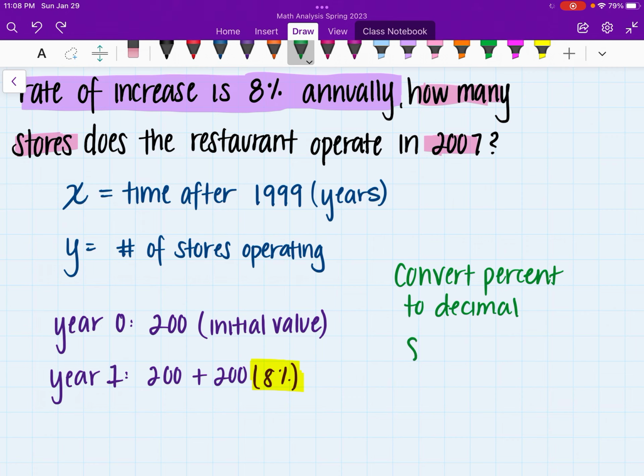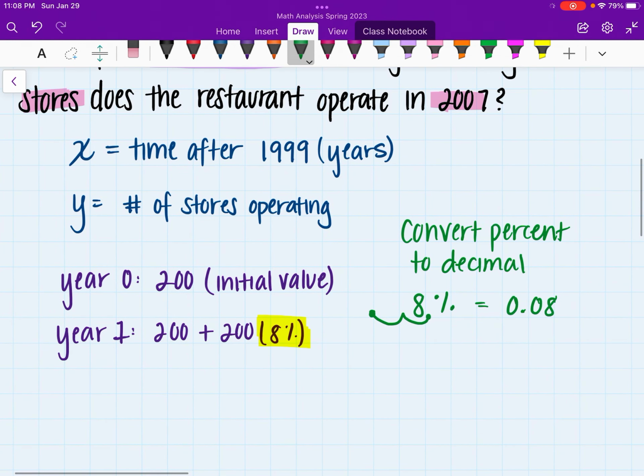If I do have that 8%, I want to move the decimal place value. With percentages, you actually do have a decimal at the end of that percent. So if you want to change it to a decimal, you have to move it 2 spaces to the left, which in this case creates 0.08 as a decimal.